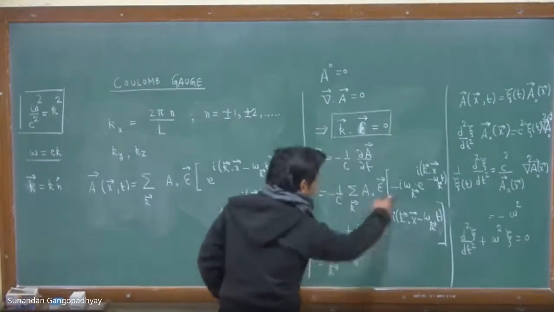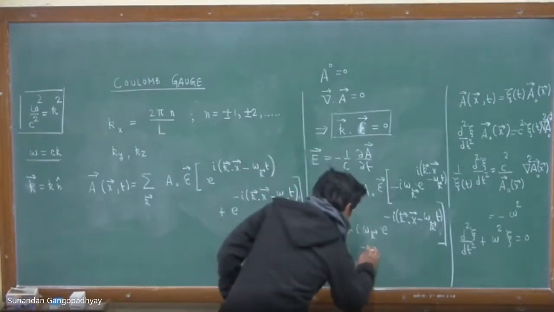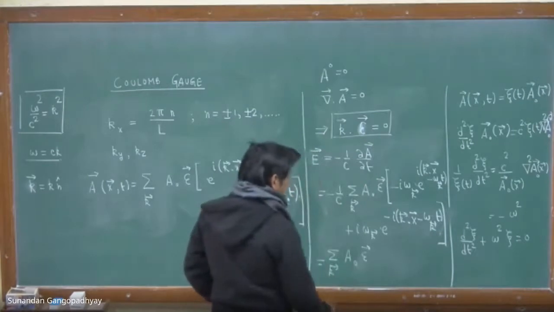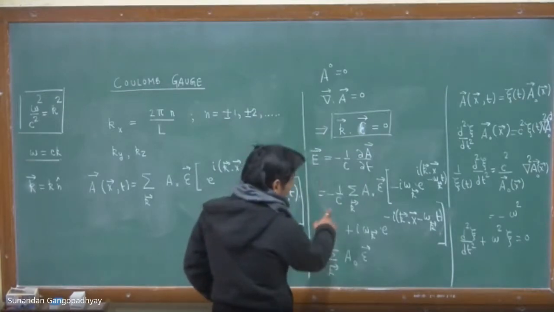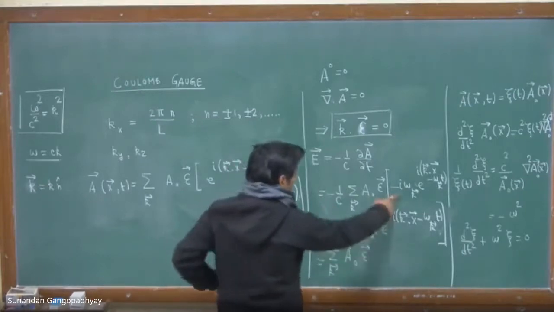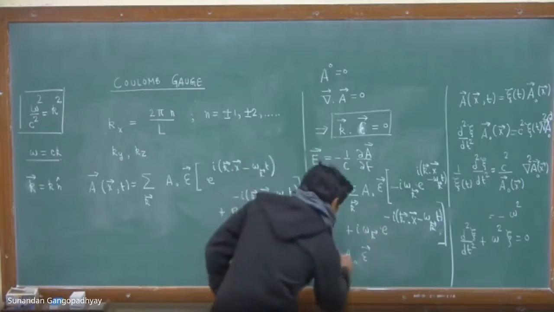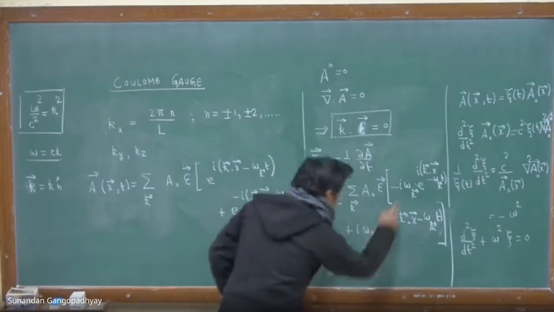We can take this i omega k common, so we write epsilon. If I take this outside, there will be a minus over here, and this minus will be i omega k by c.